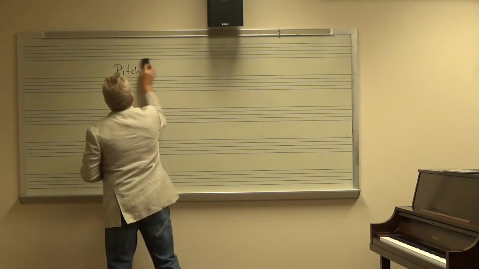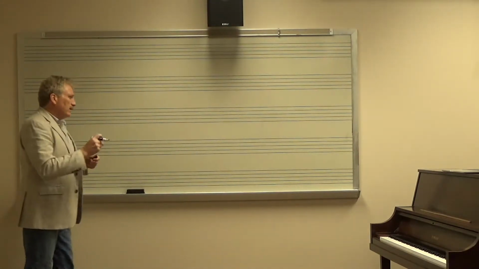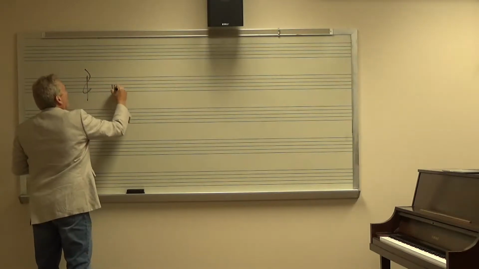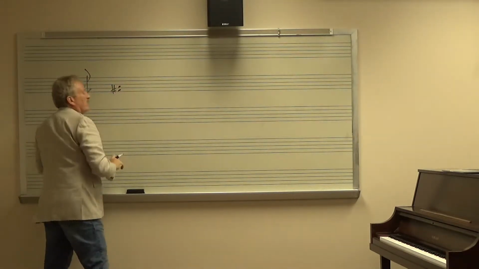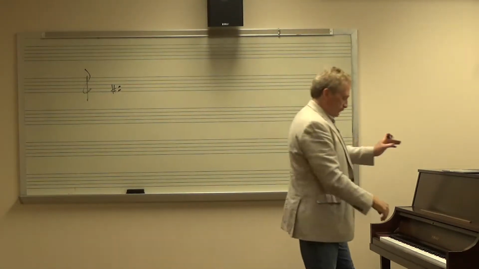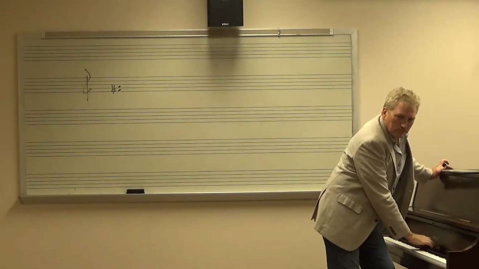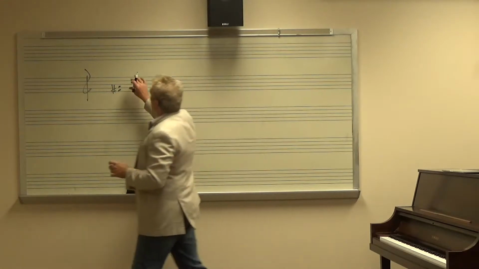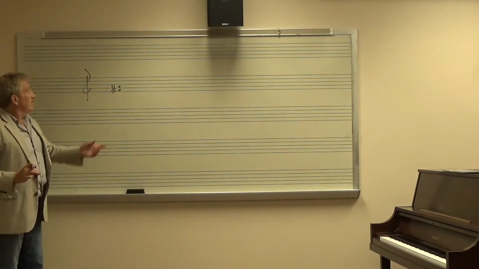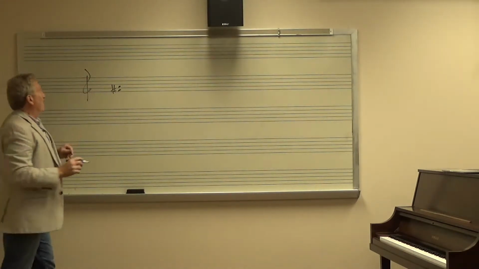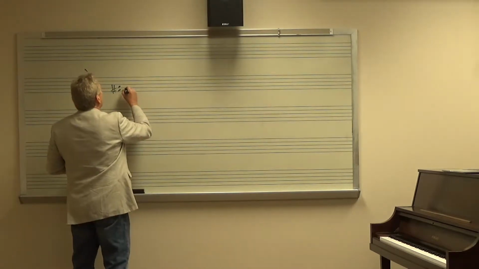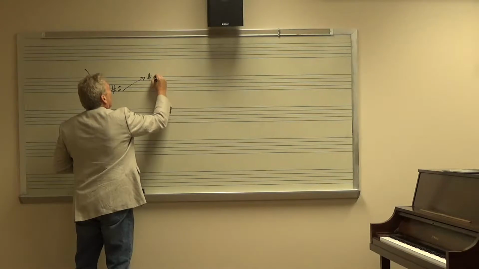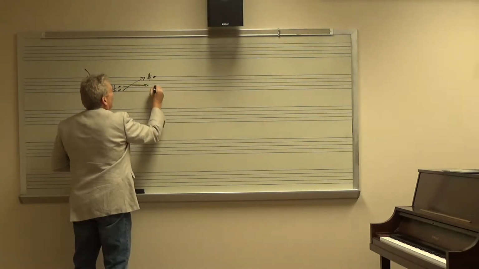Now, having said that, let's take a little interesting trip here with our interval of a minor third. Here is my minor third. A minor third is that close distance with the F sharp below and the A above. Now what I'm going to do is transpose that lower pitch up an octave and keep that higher pitch exactly the same.